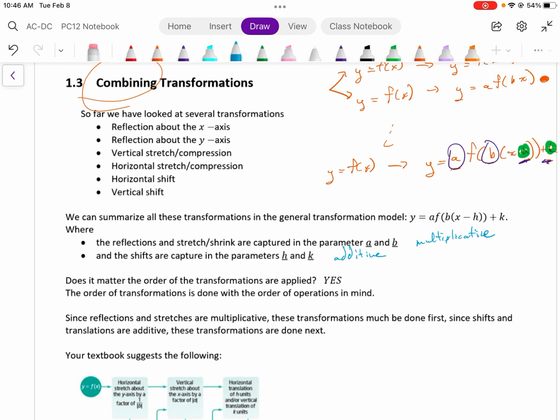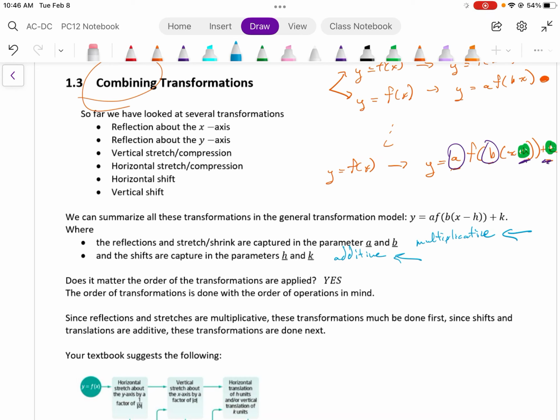Does it matter in which order these transformations are applied? Definitely yes. Well, what's the correct way? Me personally, I like to look at it in terms of order of operations, that we have to multiply before we add or subtract.